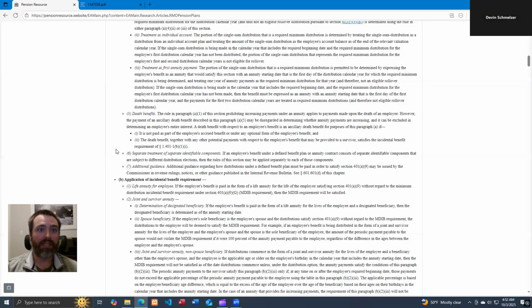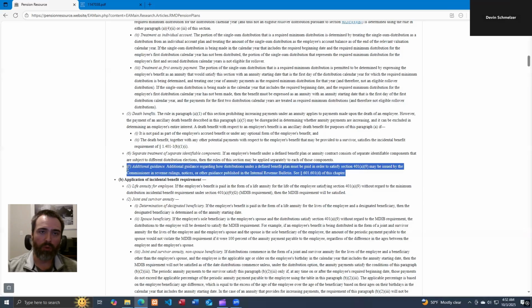Speaking of interpretations, A7 says the commissioner may provide more guidance, and maybe someday we'll get guidance on these topics, for example, new accruals being forced to follow the existing elections, or timing adjustments on payments. But until then, use reasonable interpretations, because the whole point of 401(a)(9) is that money needs to get out of the tax-sheltered environment and be taxed.